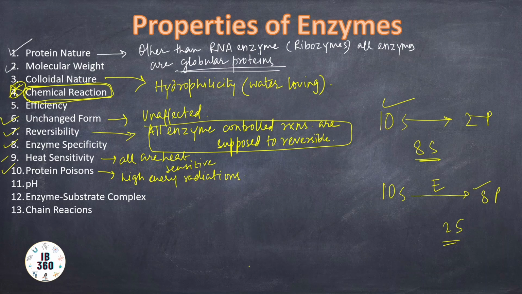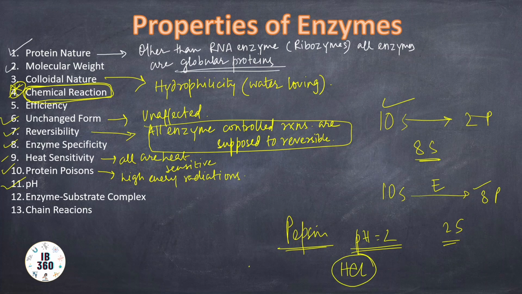Then comes pH. So each enzyme functions at a particular pH. Enzymes are highly specific in terms of temperature, and in terms of pH also. For example, the enzyme pepsin, which is found in our stomach, can operate only at a specific pH of 2, and that is why HCl is secreted by the stomach cells to maintain that acidity.